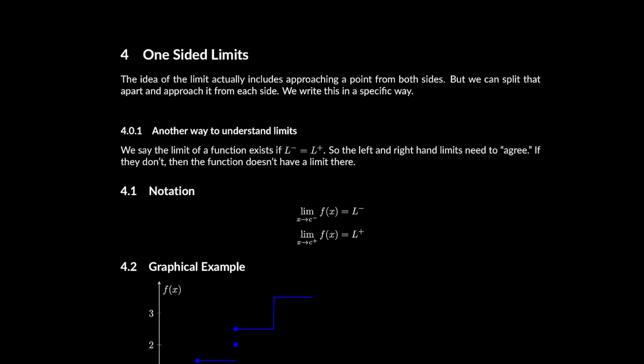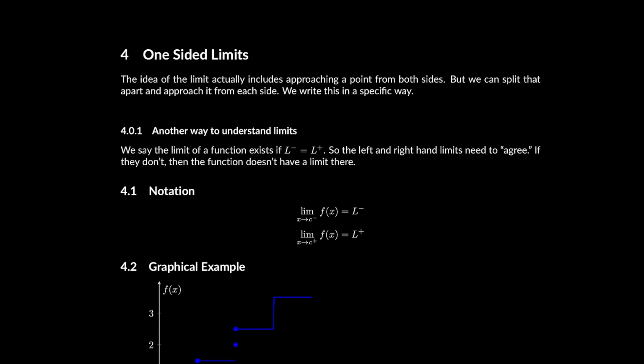Okay, another concept that's important is that of a one-sided limit. You've seen me approach these values from both sides of the input, but sometimes that's not possible. Sometimes we'll have a break in a function or we only care about approaching from one direction. Maybe negative time doesn't make sense, so we're approaching 0 time just from positive time values, things like this.